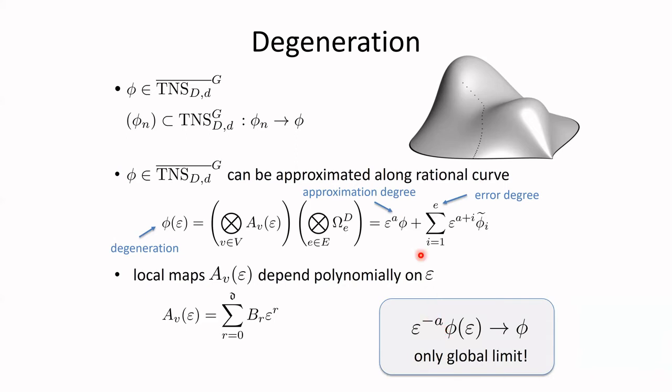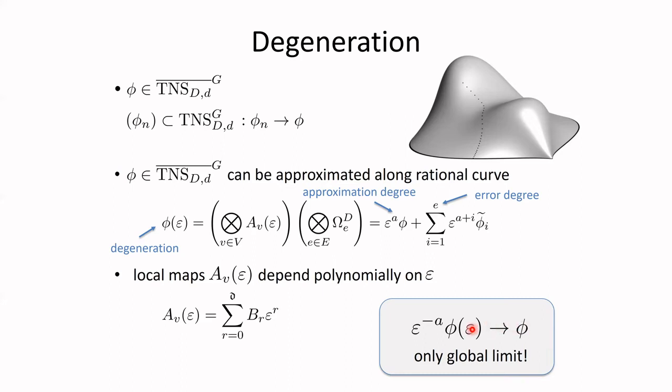So we do get out the state phi globally on the system, but we do not get a limit for each of these local maps individually. So if we just set epsilon to 0 there and then apply it, we will not get the state phi out. We have to apply these polynomially depending maps to our state and then take the limit of epsilon to 0 in order to realize the state at the boundary.